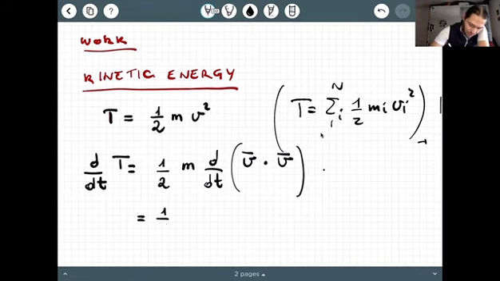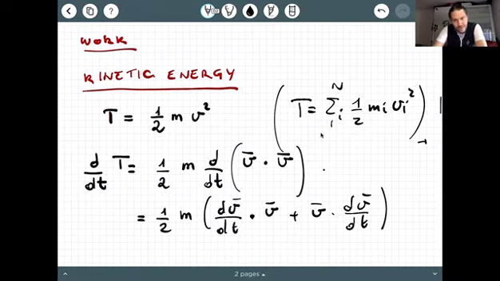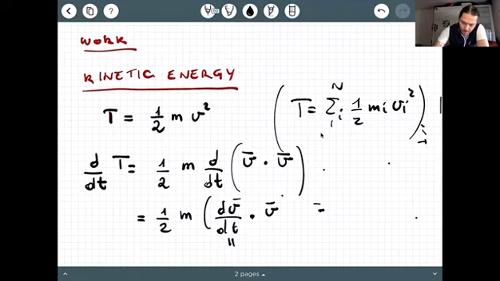So this is like dv/dt cross v plus v cross dv/dt. Now, I can collect them because the inner product is symmetric with respect to changes of the order of the terms being multiplied. So let's forget about the second term and put a 2 here, which will cancel this 1/2.